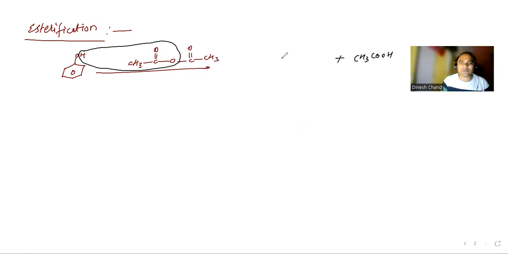And what are the other things left over? This is the benzene ring. Here is O, this is C double bond O, and this is CH3. This is what is called phenyl acetate. Now, one more reaction we can proceed with.